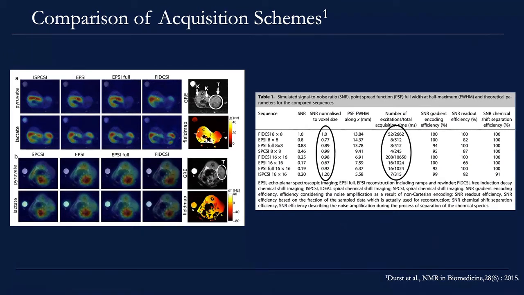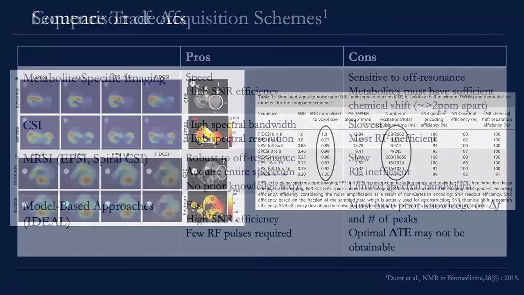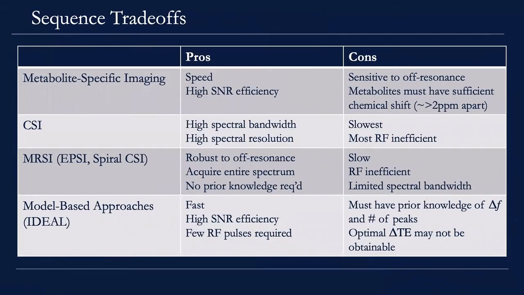This paper here did a nice job of going through simulations and acquiring data preclinically using 2D CSI, which they call fid CSI, Cartesian EPSI, and spiral CSI. For the most part, you have pretty similar results between them. Again, the point spread functions will be different, but overall, SNR, not too much of a difference. You can use this for reference.